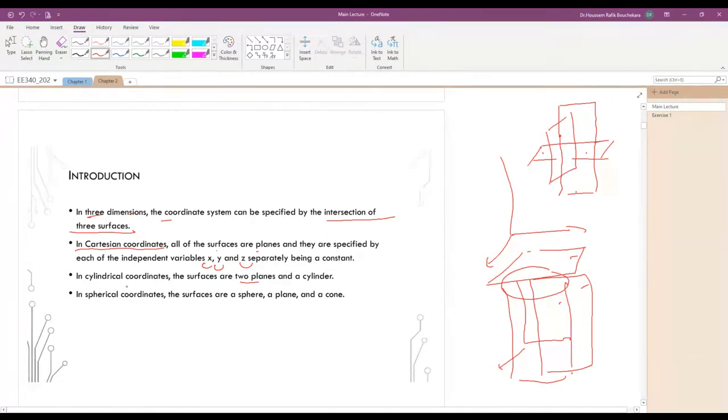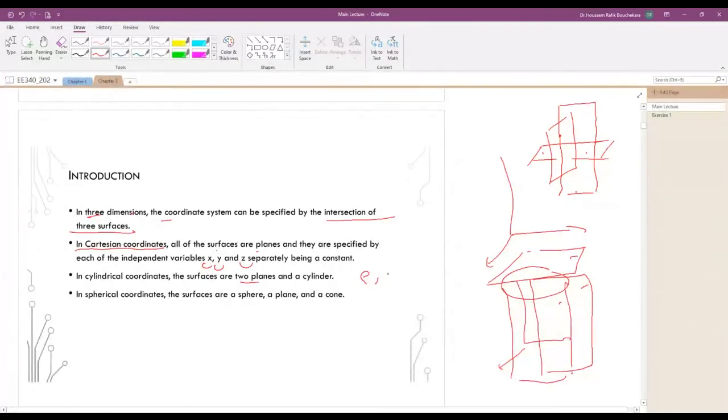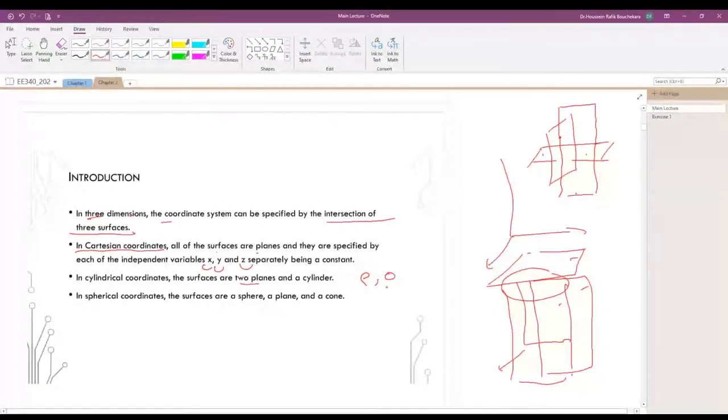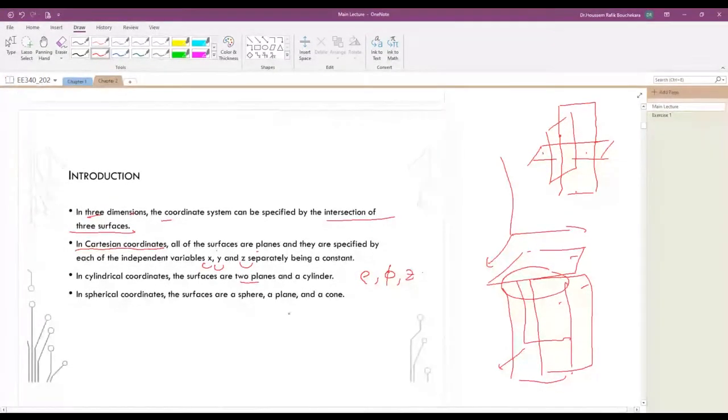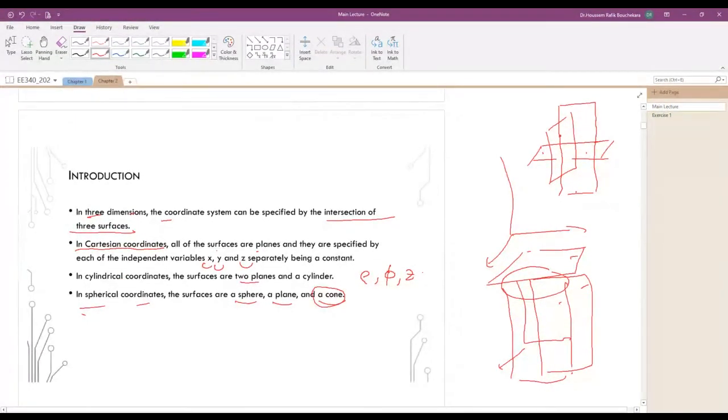The variables for the cylindrical coordinate system are rho, phi, and z. Now for the spherical, the 3 surfaces are a sphere, a plane, and a cone. What does it mean, a cone?